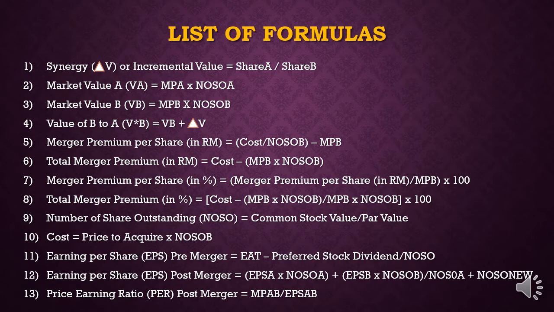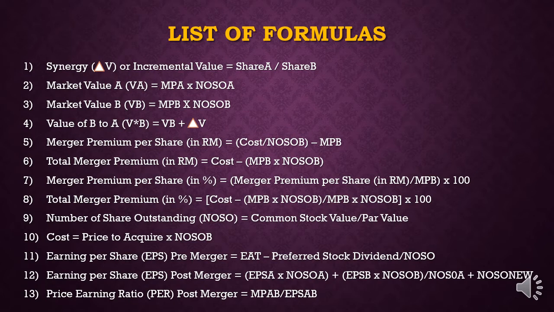The second formula is regarding market value A, which is VA. The market value A represents the market value of the acquiring company, which is A company, that equals MPA, represented by the market price of the A company, times NOSO A. NOSO here represents number of shares for the A company.